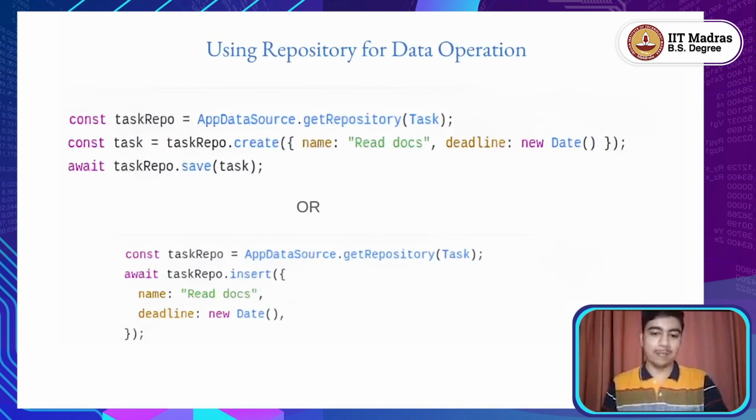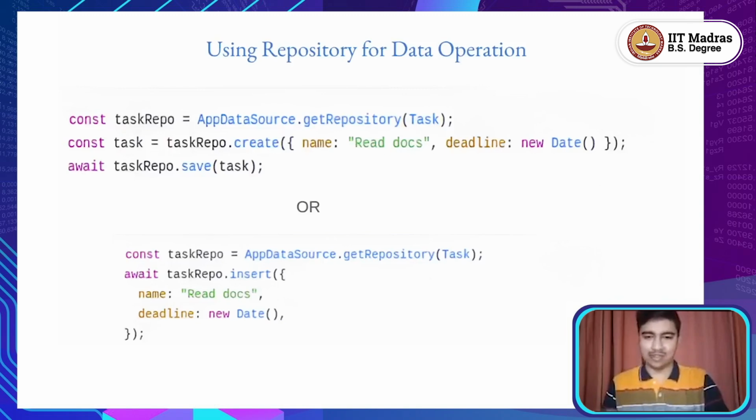TypeORM repositories provide many other useful methods like findOne, which you can use for fetching a single row against a given criteria from the database. There is a method called update, which you can use to update an existing row of the table. Then you also have methods like delete, which you can use to remove a row from one of your tables.